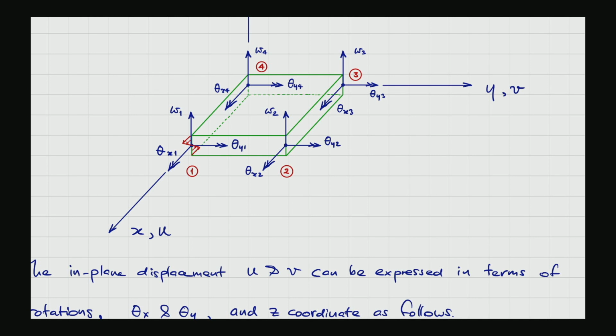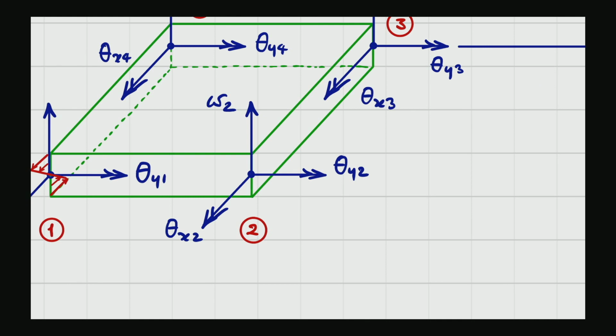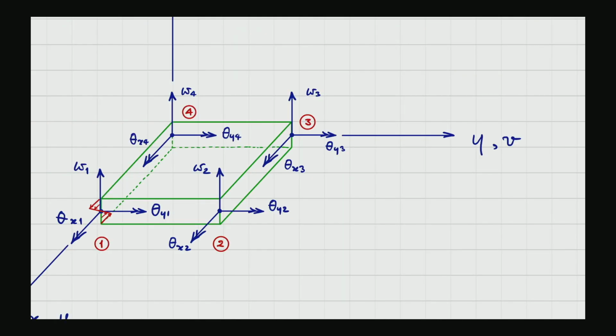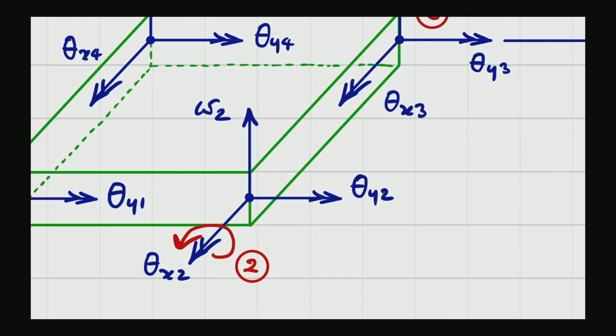You can look at this one instead, so we don't just get congested in the same area. The V is the displacement along this direction, the y direction, and as per the right hand rule, the sigma x is going like this, that means this is going to happen, right?